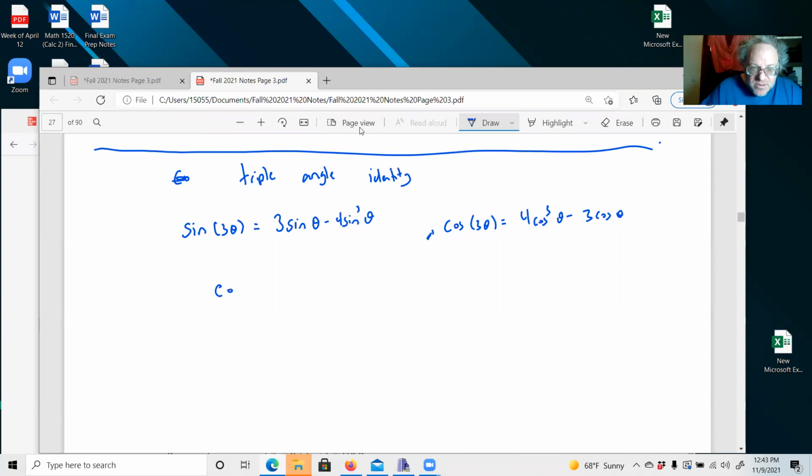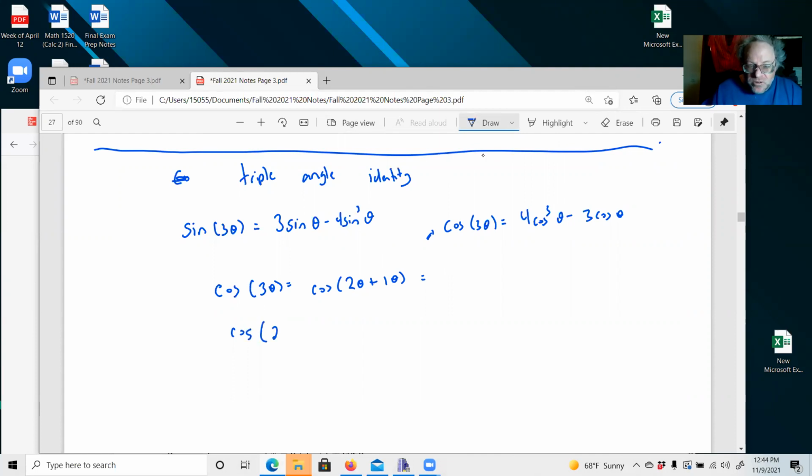So this is cosine of 3 theta. We're going to utilize a well-known identity that 3 is equal to 2 plus 1. So this is going to be cosine of 2 theta plus theta, so we have to use the sum of angles one here. If you were saying, oh, I never have to remember that again, I'm sorry, you do.